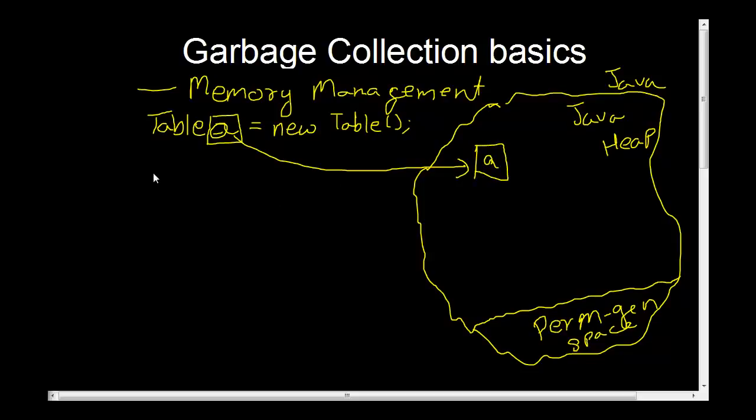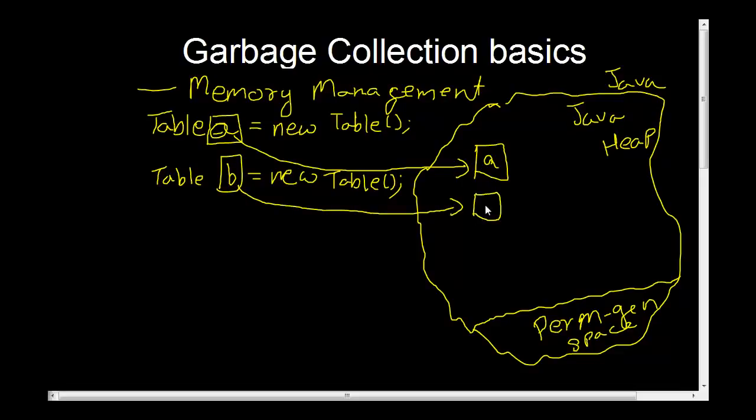And then let's create another instance of the table object called table B equals new table. So B is another reference to another table object in the memory. Let's create a third table object called C. Again, we're creating a new table object as you can see by this new keyword.